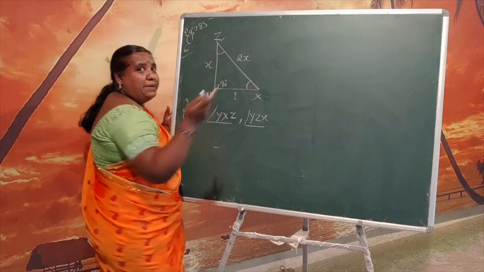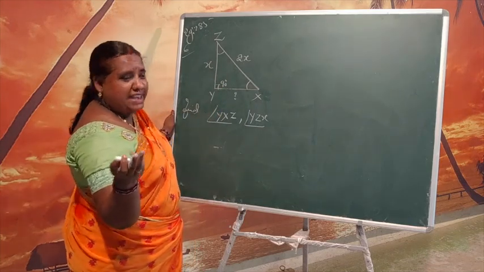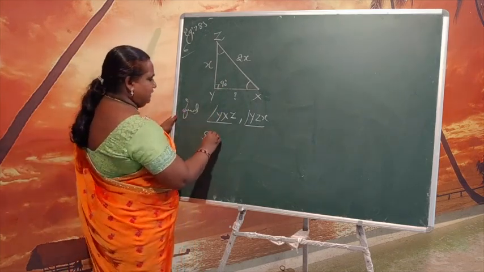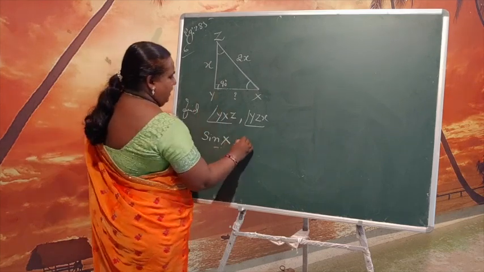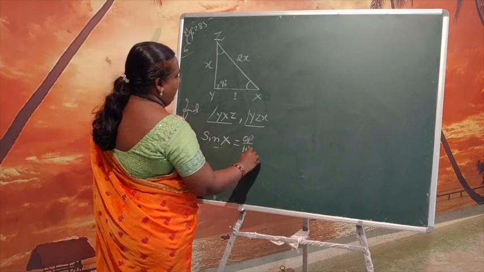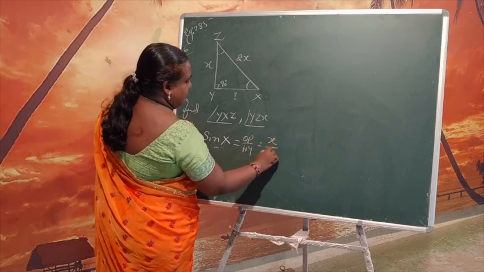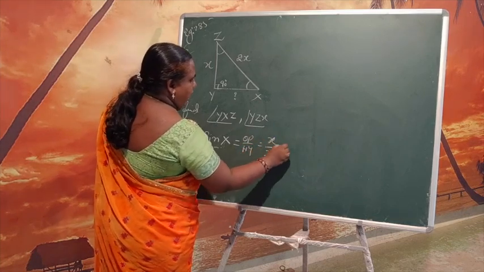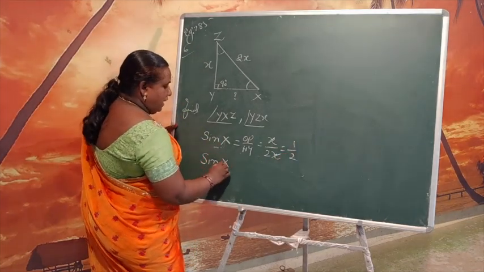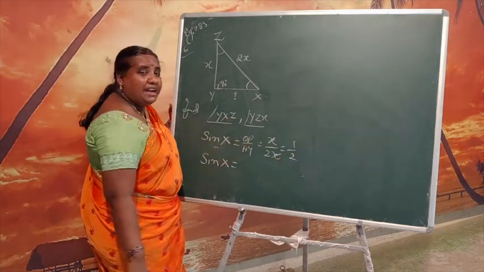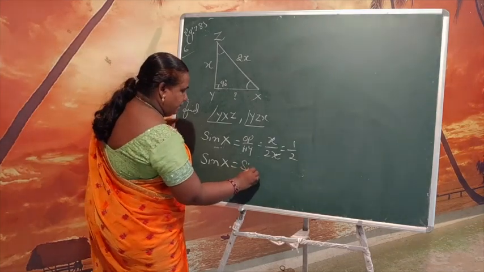Then opposite by hypotenuse is in what ratio? Sine ratio. For example, sin of the angle is equal to, from the figure, opposite by hypotenuse. That is X by 2X, that is half. And sin of the angle is equal to half, in the table, where will we get half? Sin 30.